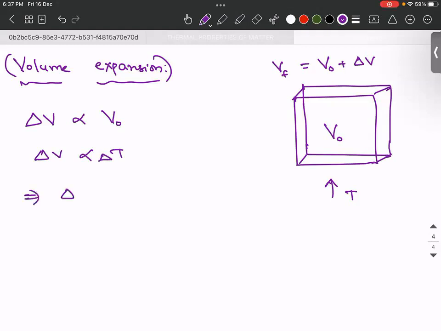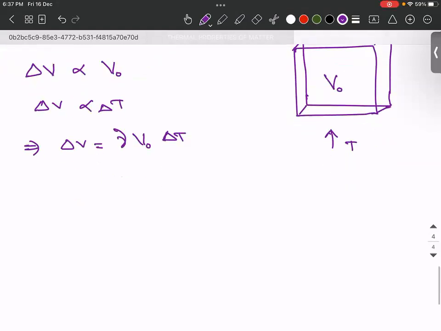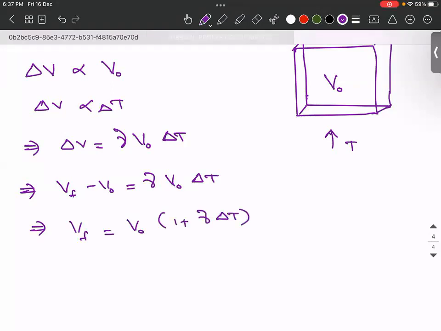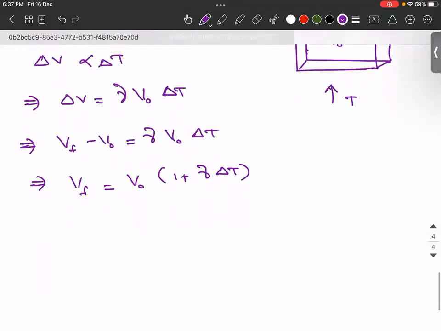Which implies delta V will be equal to gamma times V naught into delta T. And delta V can be written as V final minus V naught is equal to gamma into V naught into delta T, which implies V final will be equal to V naught into 1 plus gamma into delta T. And this gamma is called the coefficient of volume expansion.